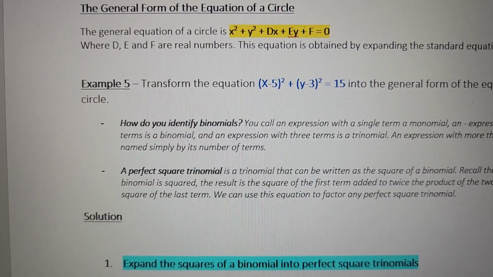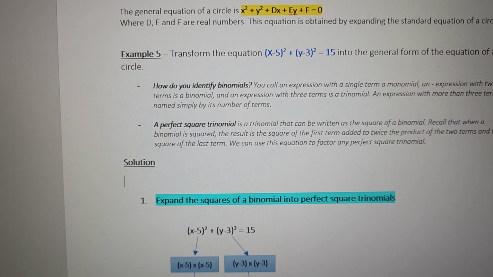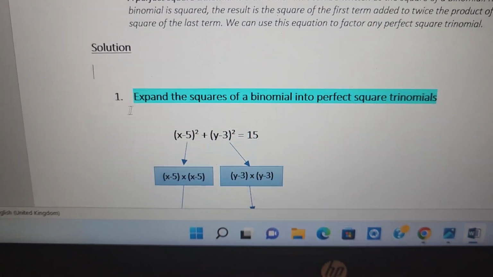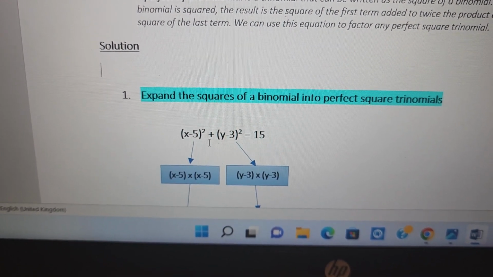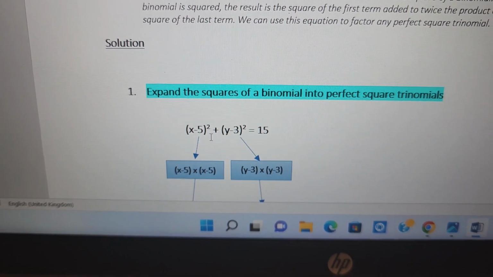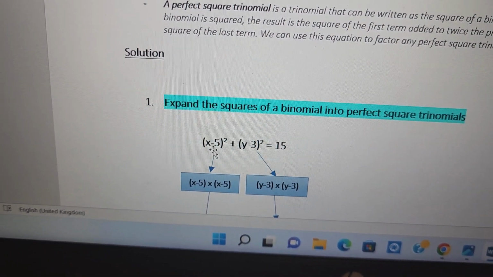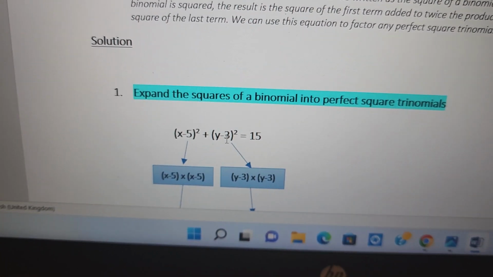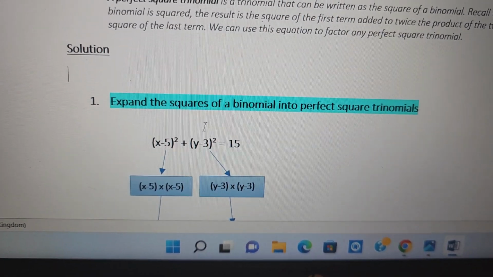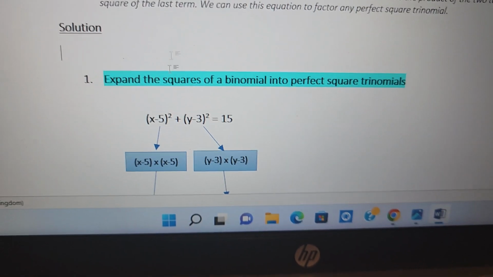An expression with two terms is a binomial. So in this example, (x minus 5) squared alone is a monomial. Since we have two monomials, (x minus 5) squared plus (y minus 3) squared, this is now a binomial because it's more than one monomial.